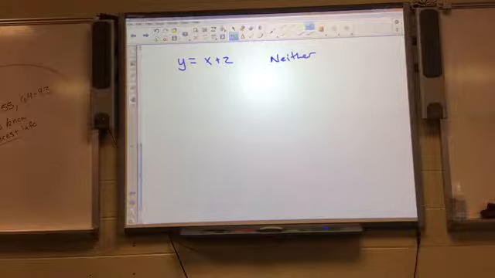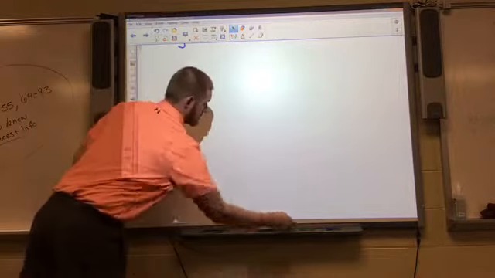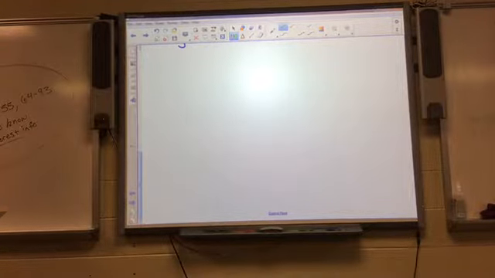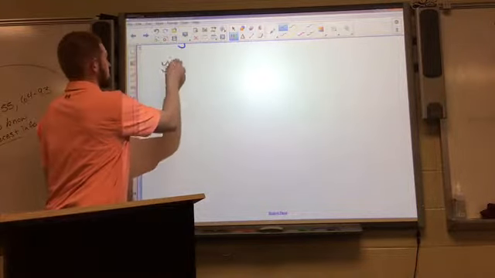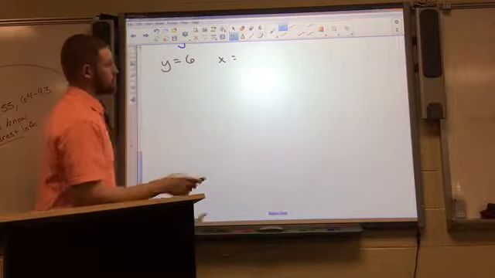Now, an example of where they're going to use this, they're going to ask you to decipher which one's which. Is it direct? Is it inverse? Is it joint? But the main thing that they're going to give you is an example like example 2. They're going to tell you that x and y vary inversely. Y equals 6. X equals 1.5.